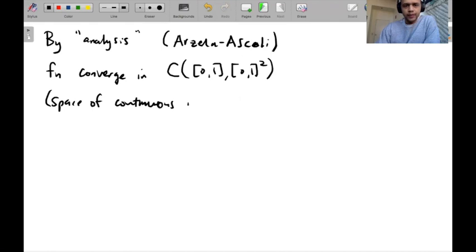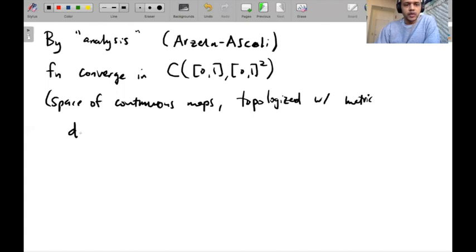Continuous maps. Here, topologized with the metric, as we mentioned before.